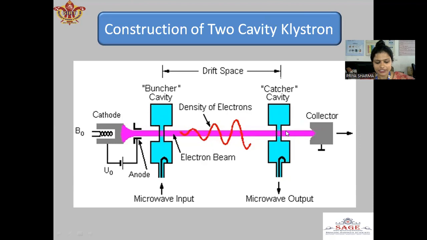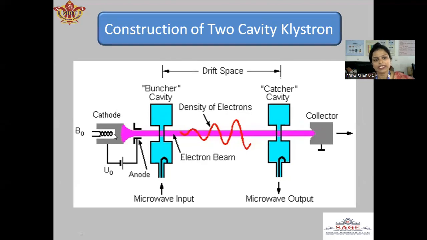The density of electrons passing through gap B varies cyclically with time. That is, the electron beam contains an AC current and is current modulated. The drift space converts the velocity modulation into the current modulation.